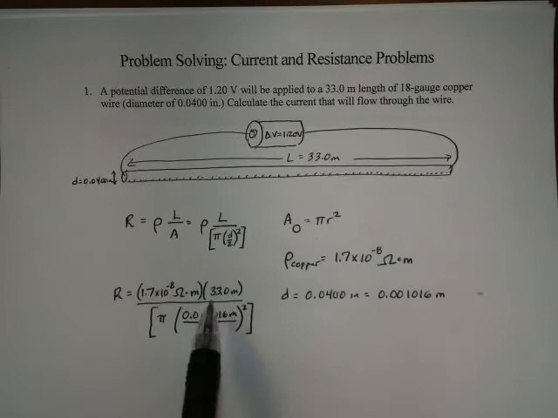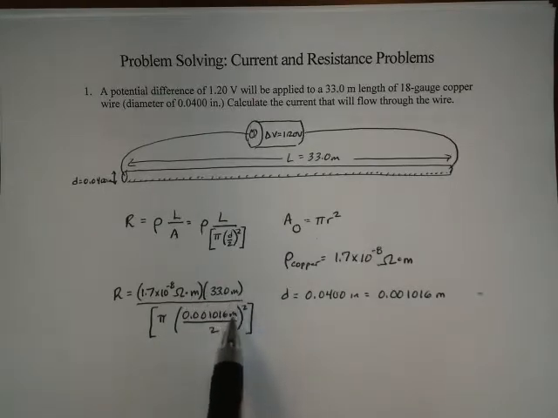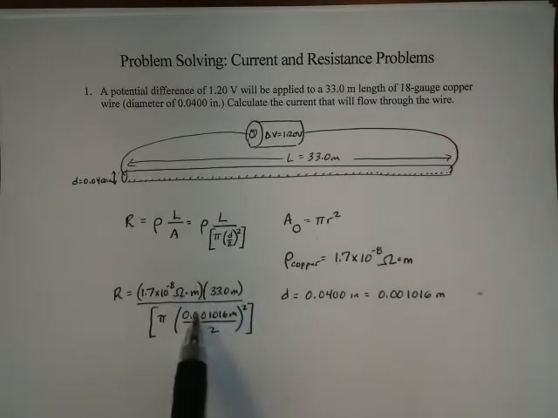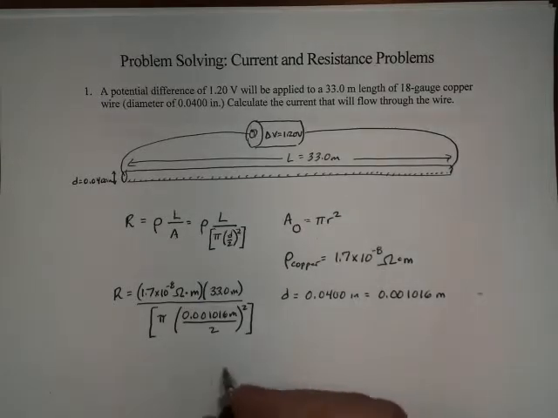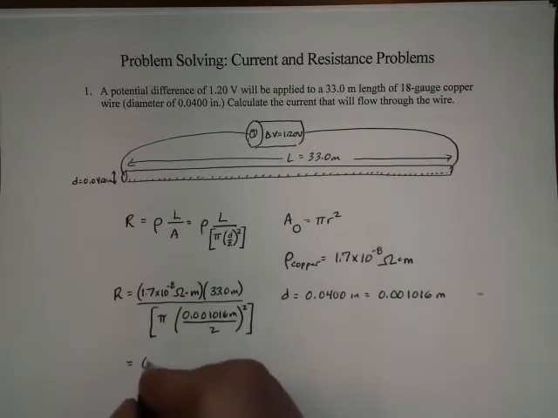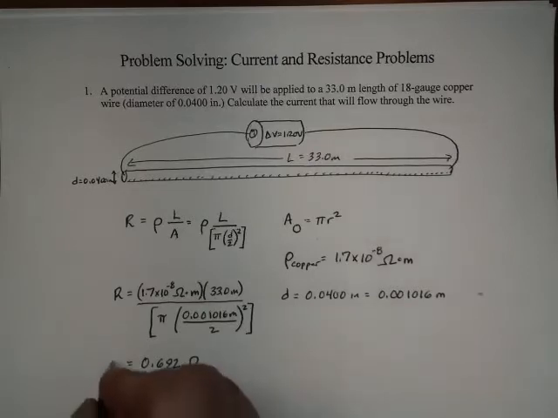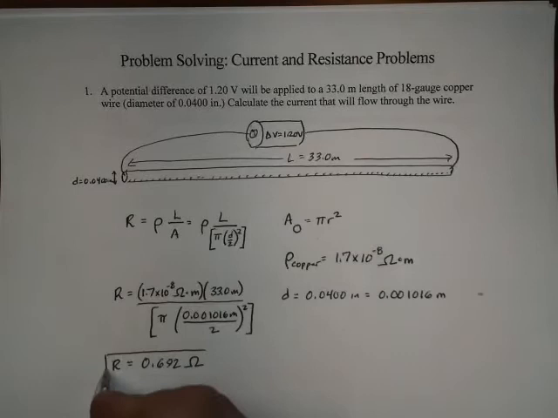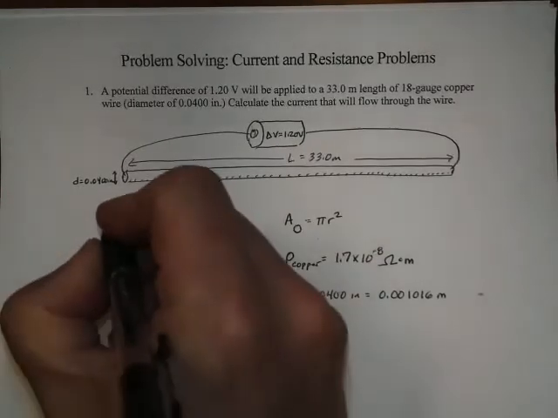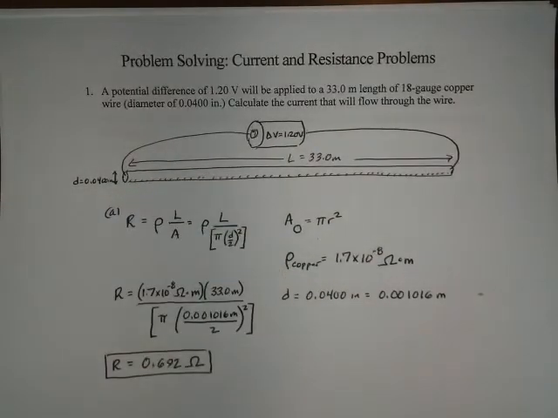Unit-wise, we're going to have meters times meters up here and meters squared down here. All the meter units are going to cancel and leave us with units of ohms. If you punch that all into the calculator, you get a resistance of 0.692 ohms. So that was part A.